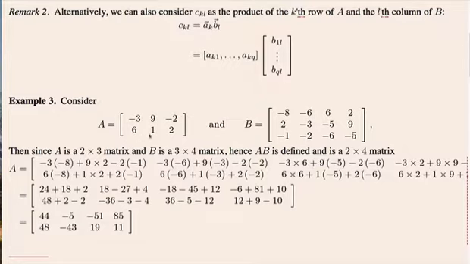For example, from the second row and the third column, we get the 2,3 entry: 6 times 6, then 1 times minus 5, and 2 times minus 6. After we write this out, we do the multiplication and addition, and then we get the product matrix, which is a 2 by 4 matrix.